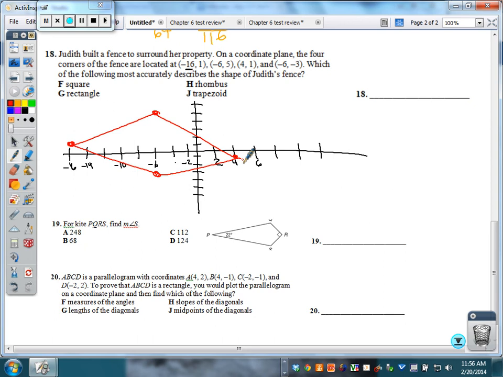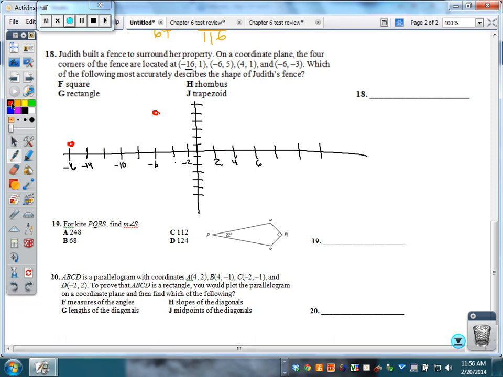So my assumption is when I'm looking at this originally, I would say that this would be a kite. But that would assume that I actually plotted my points correctly, as I just realized. All right, let's go back to this for a second.